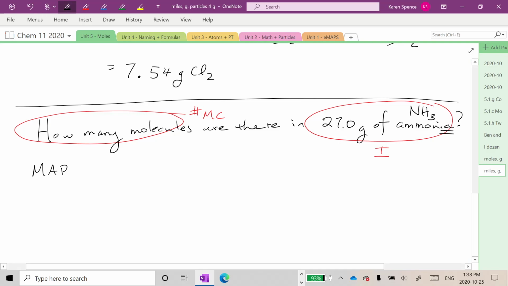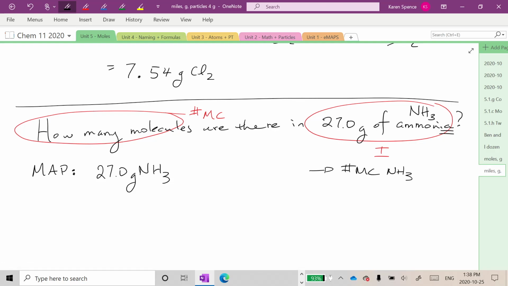We are starting with 27.0 grams of NH3, and we want to finish with, over here somewhere, the number of molecules of NH3. We don't know a conversion factor between grams and molecules because I don't know how much one molecule of NH3 weighs. It's way too small to measure in grams.